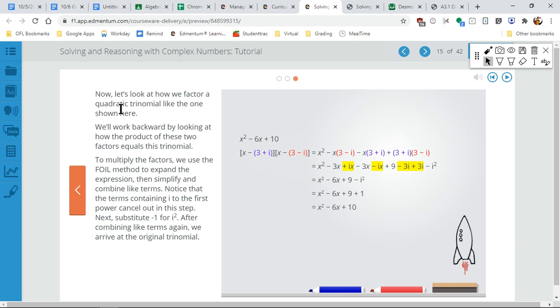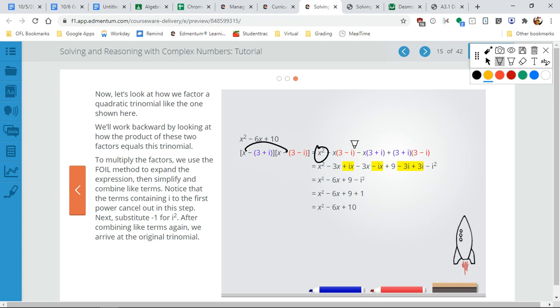All right, now let's look at how to factor a quadratic. We'll work backward by looking at the product of these two equal factors. To multiply this, we use the FOIL method. Apparently they're just saying, hey, this is the answer, and they're not explaining why. So when we FOIL this, first is this one.